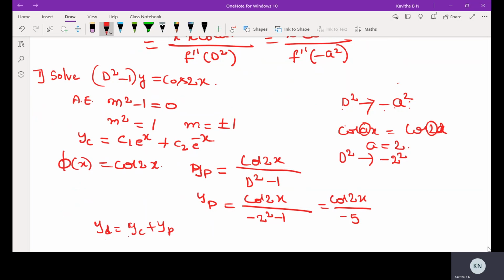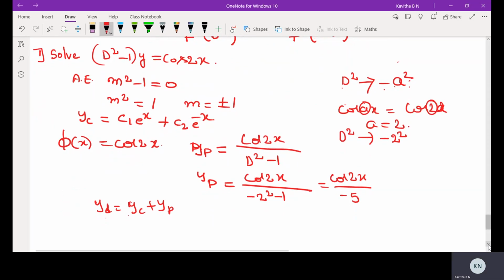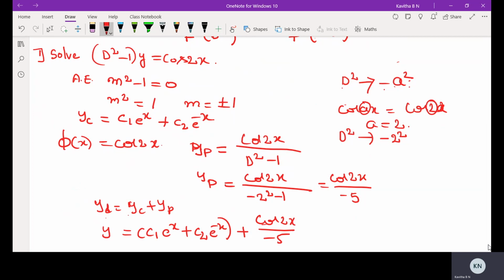Here y is equal to c1 e to the power of x plus c2 e to the power of minus x plus yp, which is cos 2x divided by minus 5.